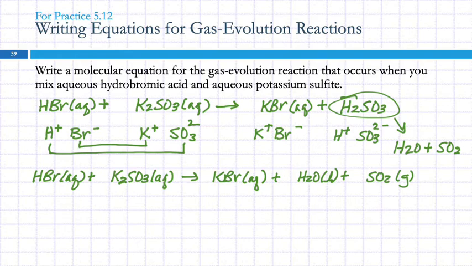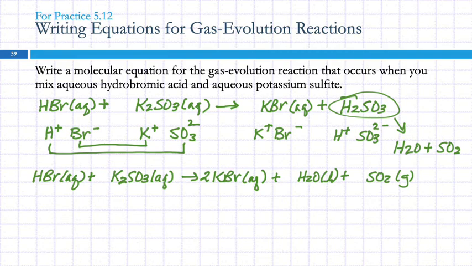If we're just looking over it, the one that jumps out at me again is the potassium. This is K2 and that's K. So I'm going to put a 2 over here. So 2 Ks and 2 Ks. And then let's look at what else was affected by that 2. Now I have 2 bromines, right? And there's only 1 over here.